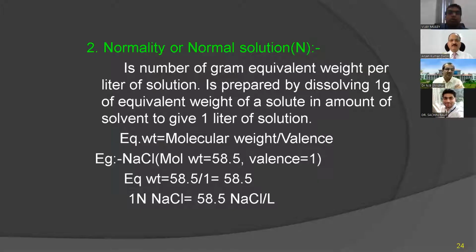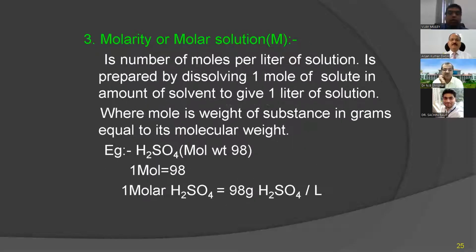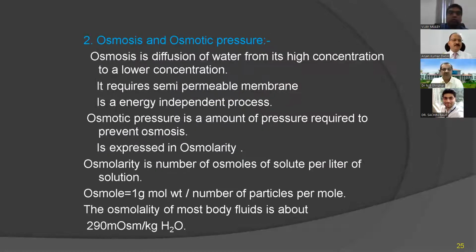For example, if we take sodium and chloride, one normal sodium chloride is 58.5 grams of sodium chloride per liter of water. So molarity is also important, the molecular weight of a particular liquid needs to be presented.